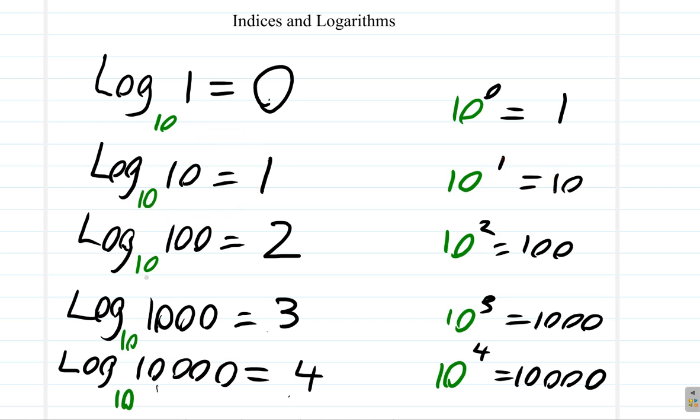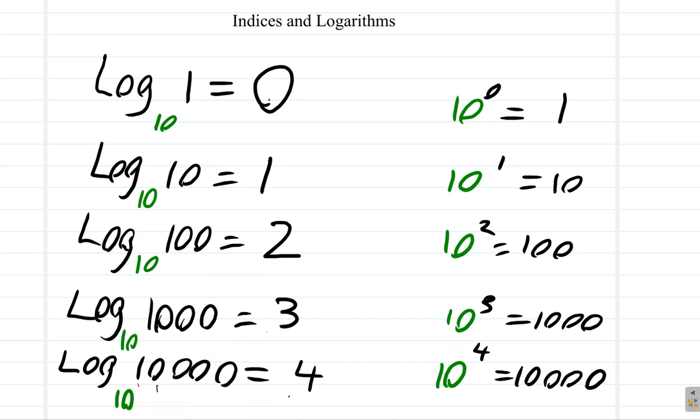And so on and so forth. 10 raised to the power of 2 equals 100. 10 to the 3 equals 1000. 10 to the power of 4 equals 10,000.